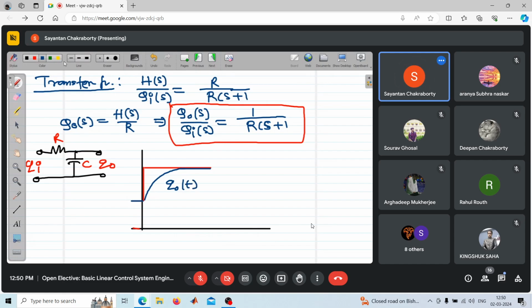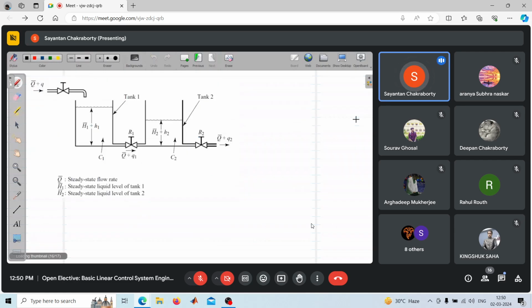Q0(t) is this one, and the red one is Qi(t). And this is defined by this sort of time response.